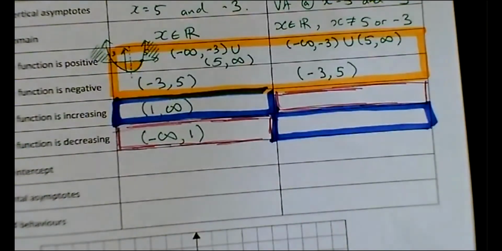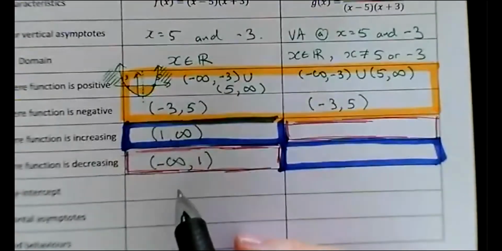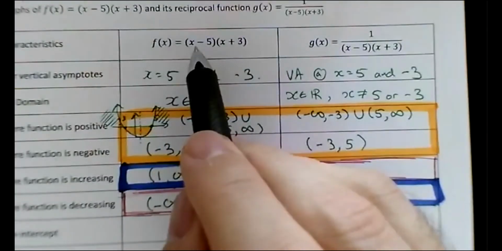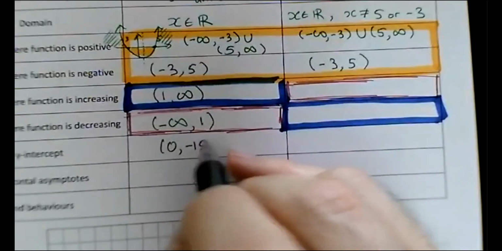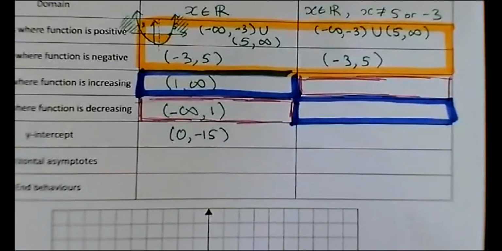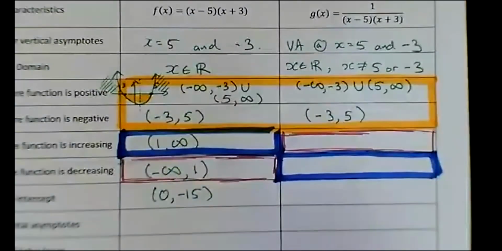I'll get it later. Okay, next, Y-intercept. If we plugged in a 0 here, it's -5 times 3. The Y-intercept is going to be (0, -15). I plug in a 0, right?